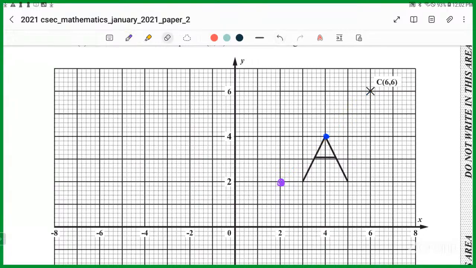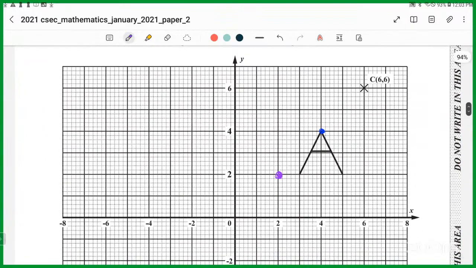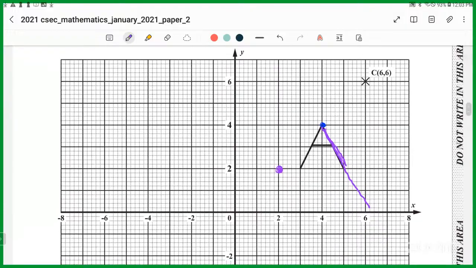And then this point, we can draw an A that is now twice its size from this point. Just draw A that is twice its size. So for example, this length is doubled to there. So draw double that length, like so.